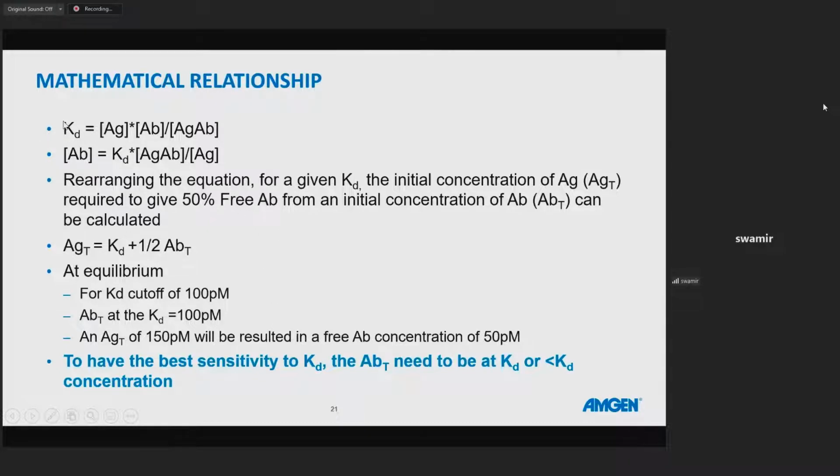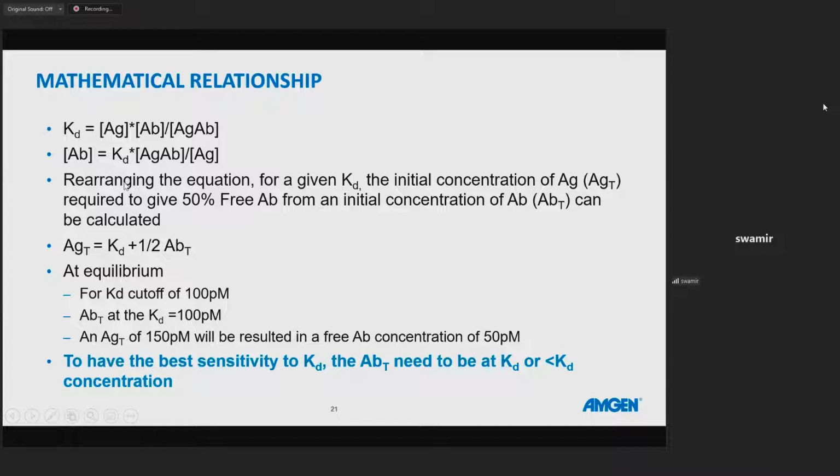So if you understand the kinetic equilibrium, KD is antigen concentration multiplied by antibody over the product, or the antibody concentration at equilibrium would be equal to KD multiplied by the product over antigen.